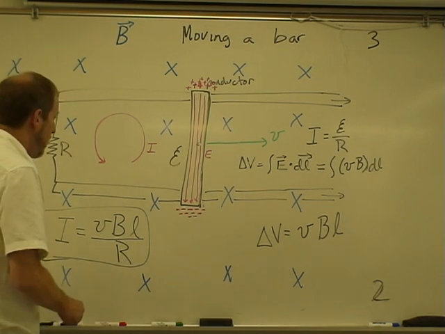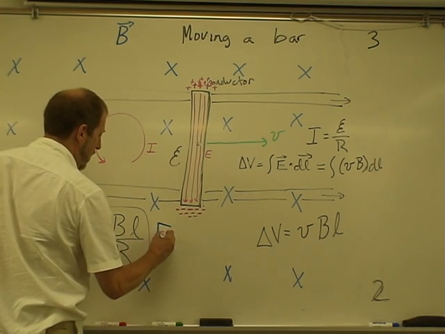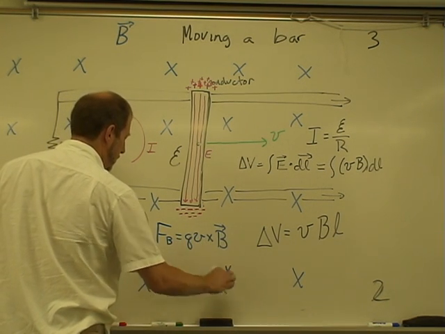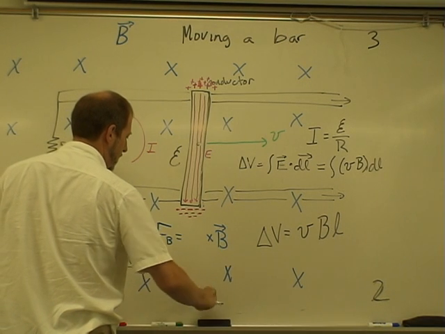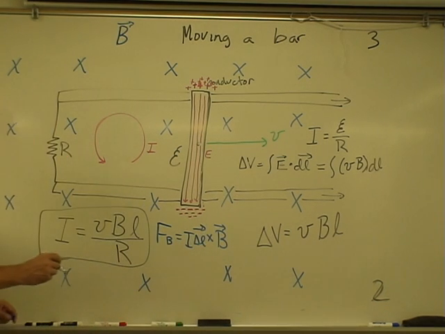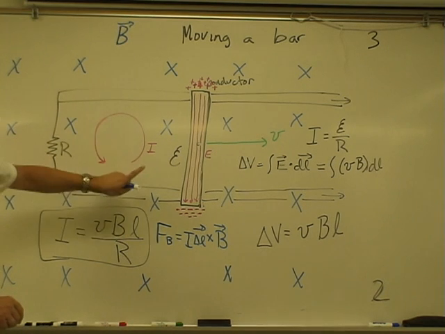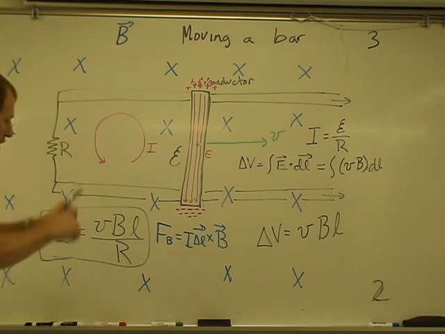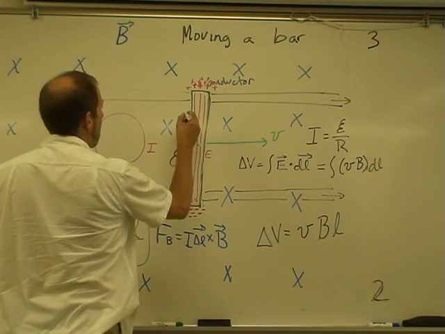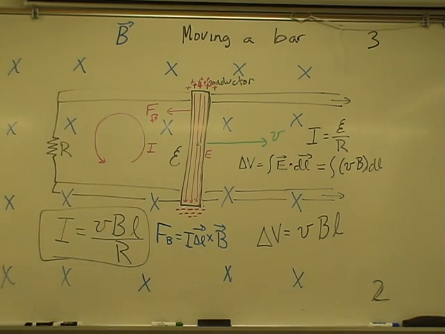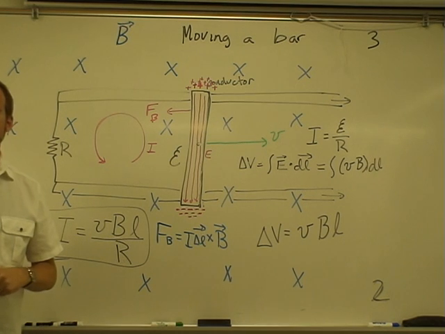It will feel a magnetic force equal to QV, for a current, that would be I delta L cross B. Now, if I've got the current going upward and B going into the board, then I will feel a magnetic force resisting the motion of the bar.